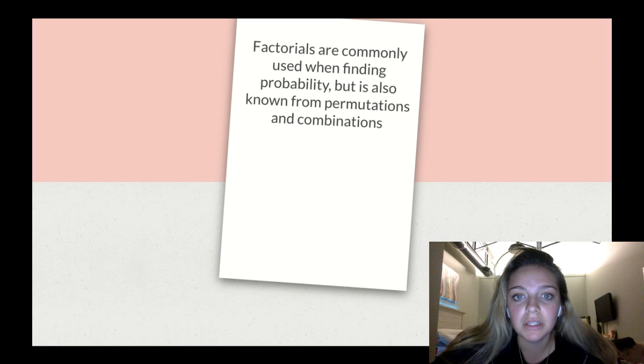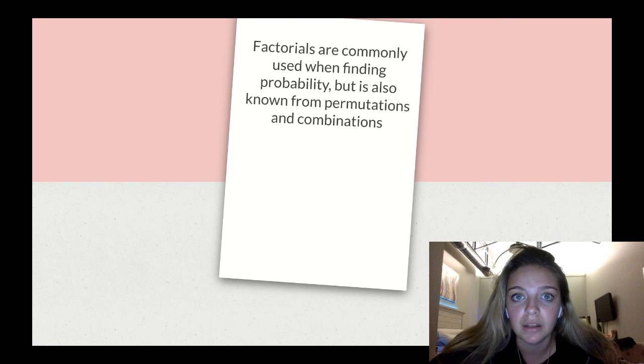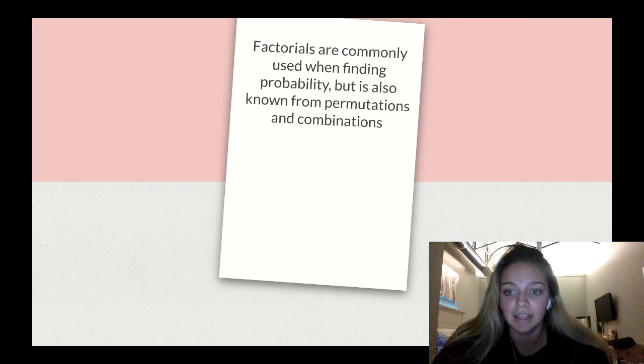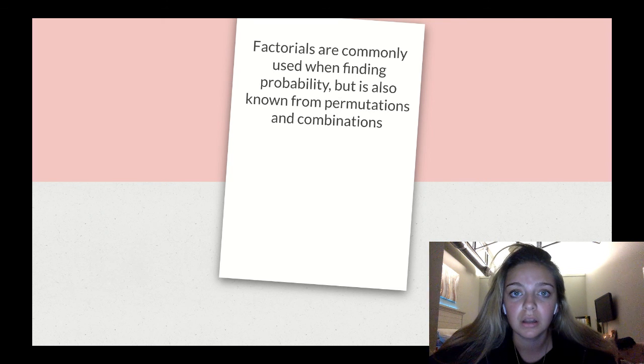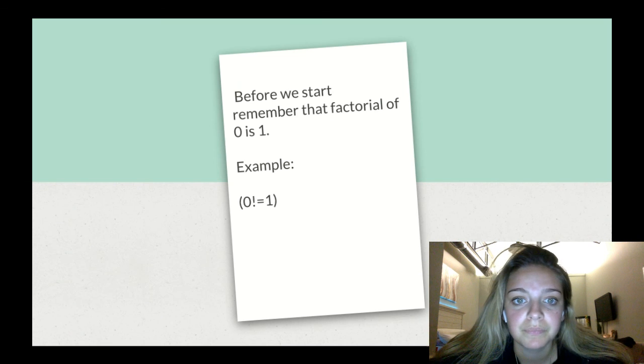Factorials are commonly used when finding probability, but are also known from permutations and combinations. We're finding the probability, not the exact number for something, just a whole number when finding this probability.